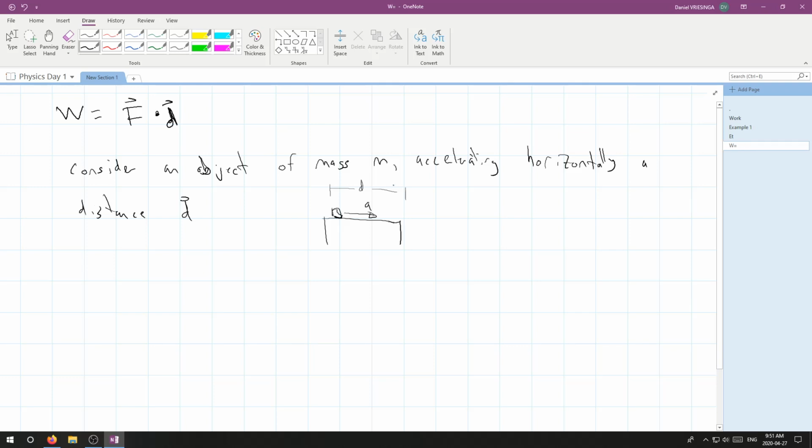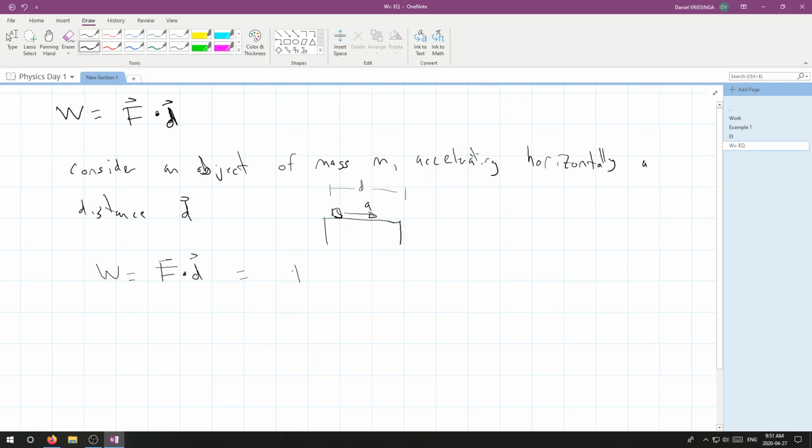Okay, so my equation. Something has to be accelerating it, right? And so something has to be putting energy into it. So there is work being done on that hockey puck. For us, the dot product of F dot D, the force is in the same direction as the acceleration, which is in the same direction as the distance.